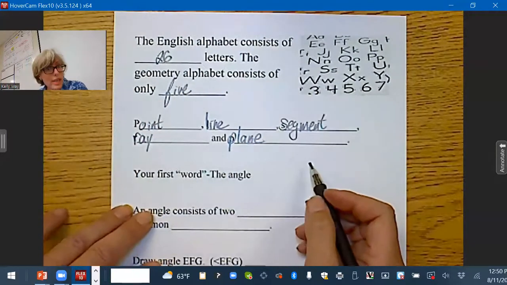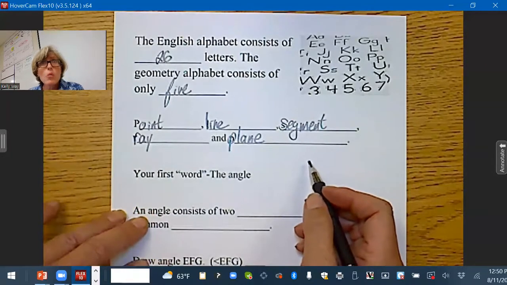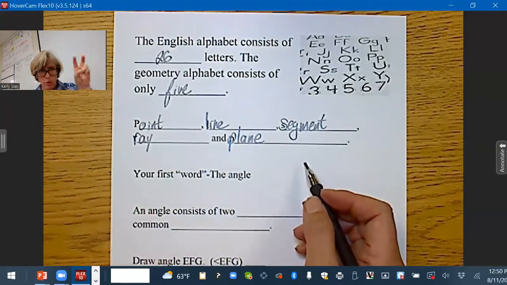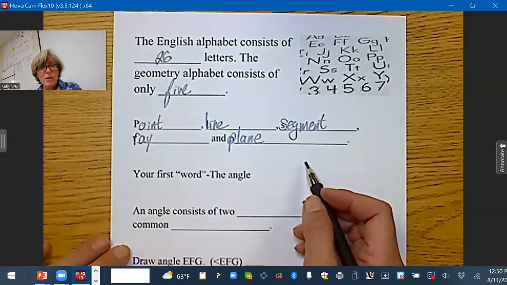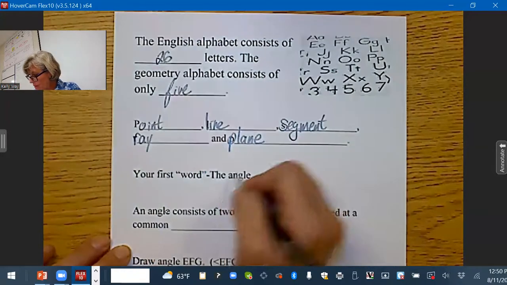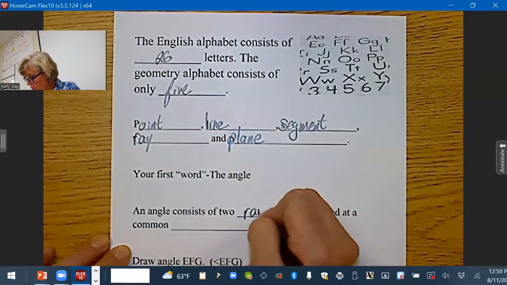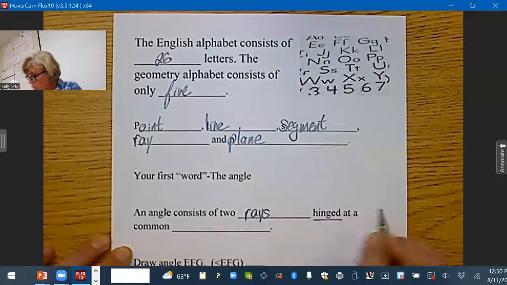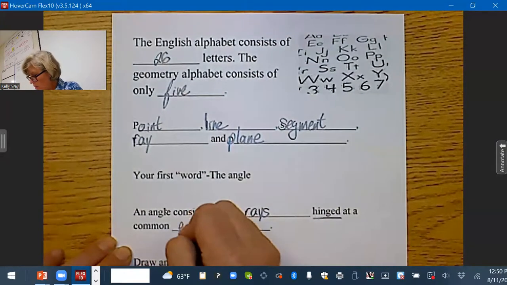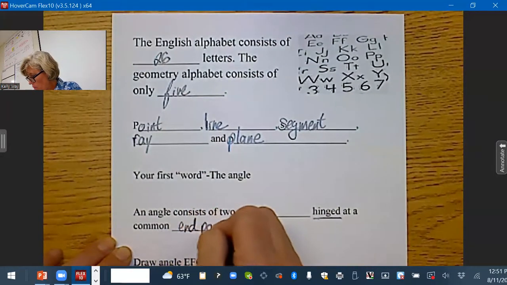When you put these letters together, you get a word, quote unquote, word. Our first word is going to be the angle. An angle consists of 2 rays hinged at a common endpoint.